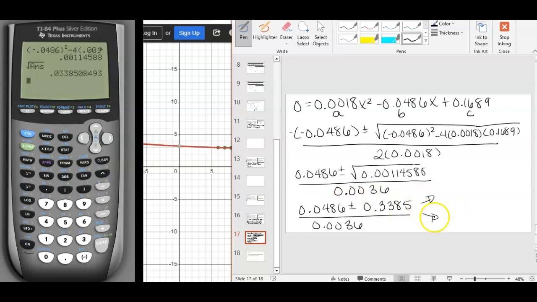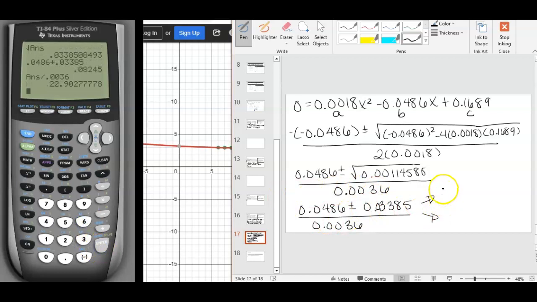So let's figure out what those two solutions are. So we have 0.0486 plus 0.03385, and then divided by 0.0036.